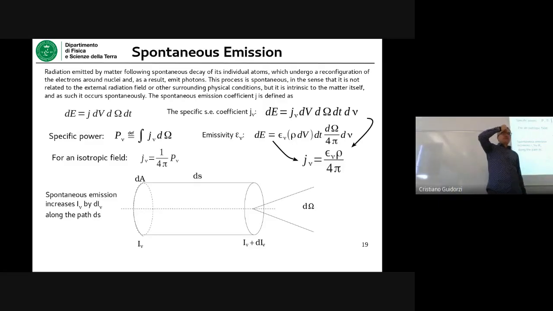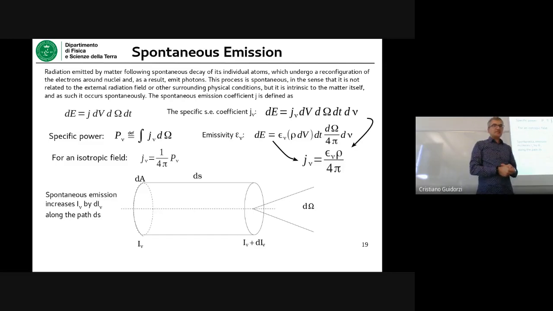I remind you that the quantity that we've been using to describe the properties of a radiation field is intensity, brightness, okay? Specific intensity, brightness. So what's the impact? How does the spontaneous emission that we define through this coefficient affect the brightness?